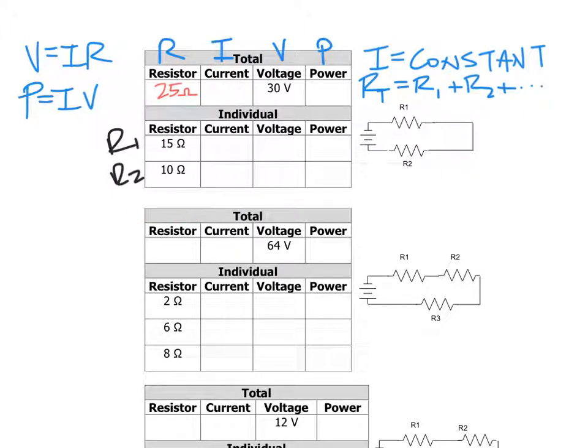If I look at my equation here on the left, Ohm's law, it says that V equals I times R. If I want to get I by itself, I have to divide R to the other side. So if I rewrite it, it looks like this: I equals V divided by R. So if V is 30 and R is 25, 30 divided by 25 gives me 1.2.